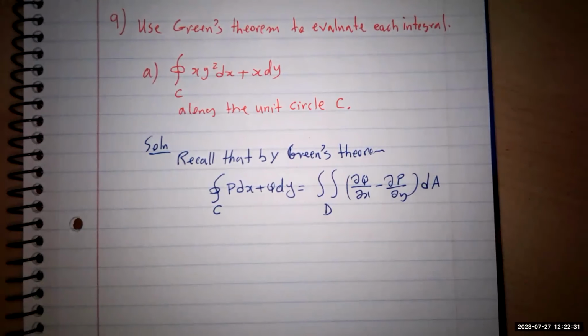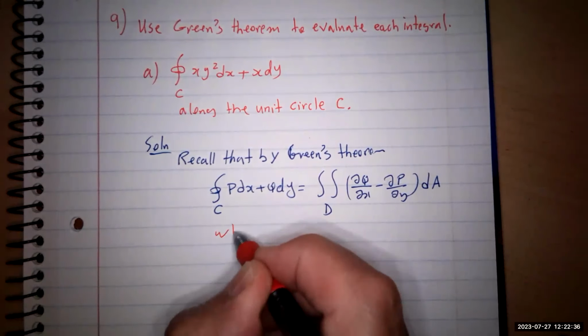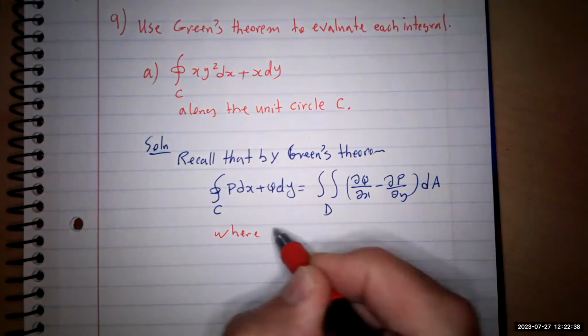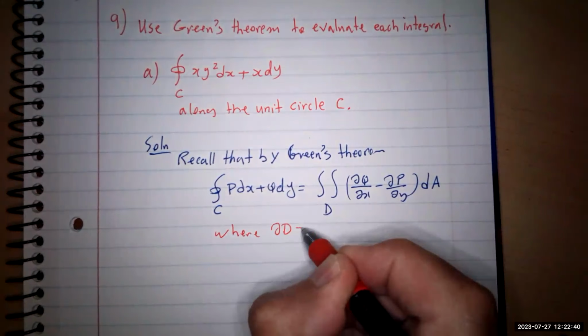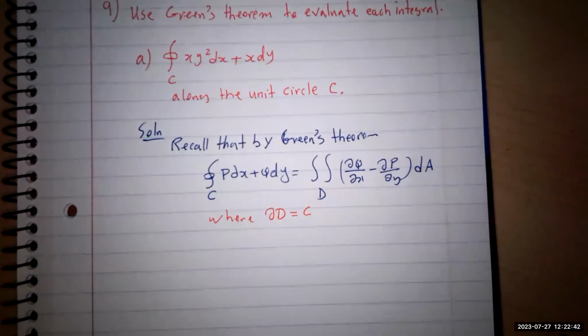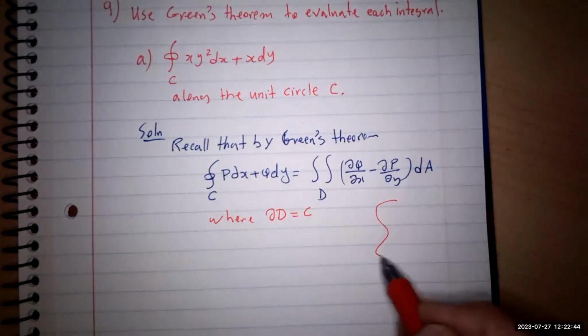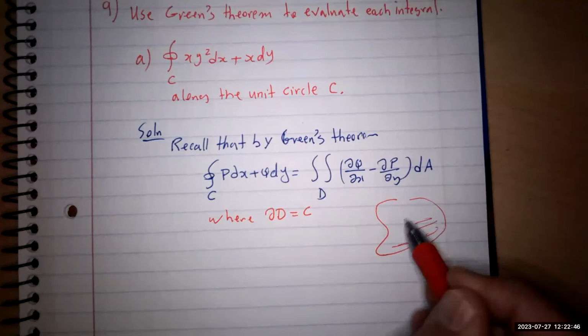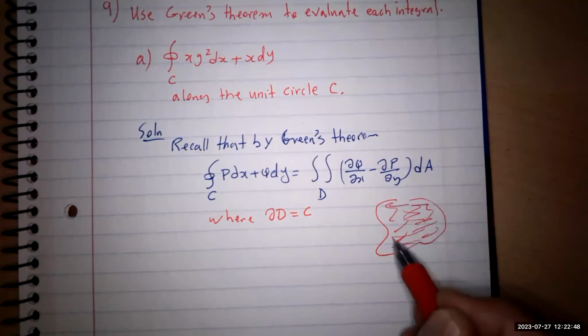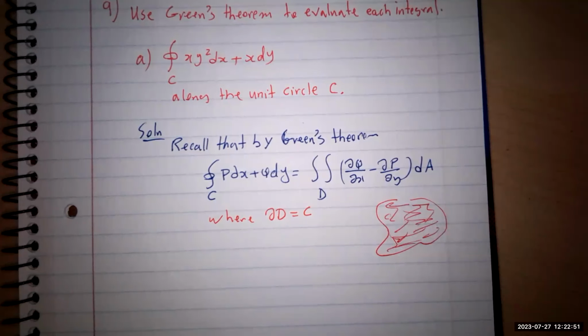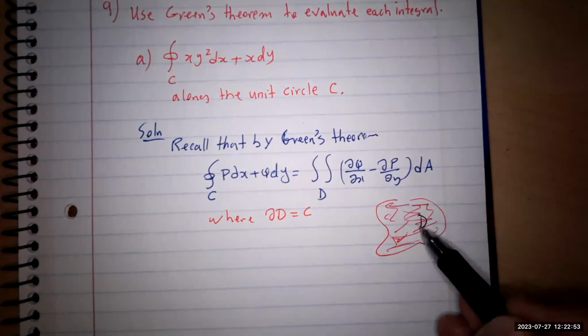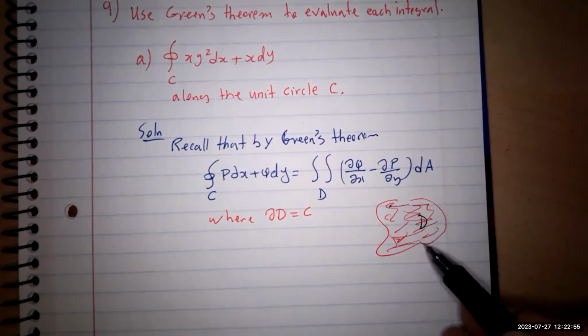Okay, so this is going to be the case, where the boundary of this domain is going to be C. So you have your domain. This is going to be your domain. Anything inside and on this, you are going to bound it.